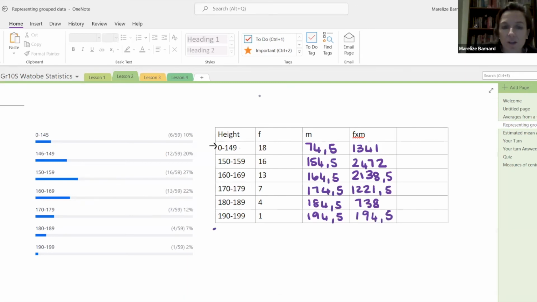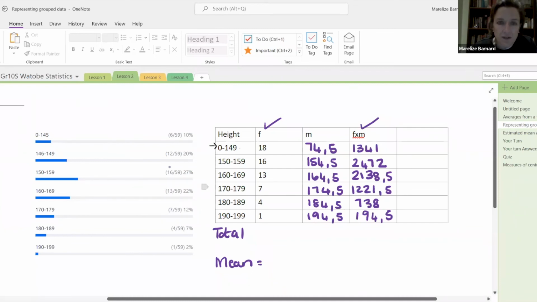Okay, and now we're going to total up the frequency and this column here with the F times M. So total F and F times M. And as soon as you've got them, yeah, not ready yet. 59, 5 plus 7.